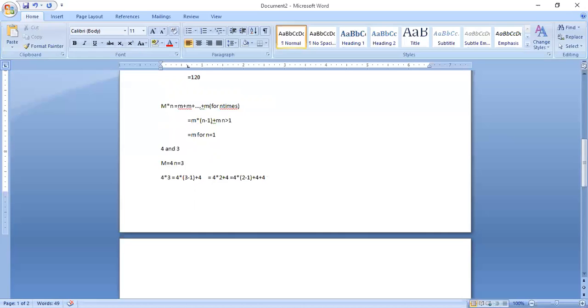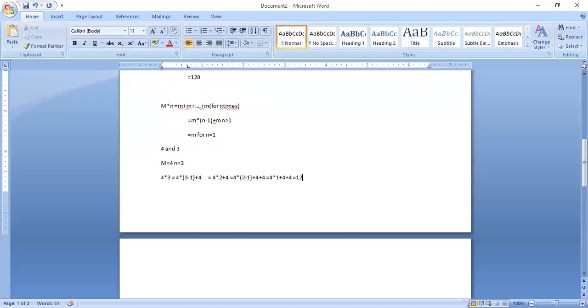So it will be 4 multiplied by 1 plus 4 plus 4, where we will get the answer as 12.